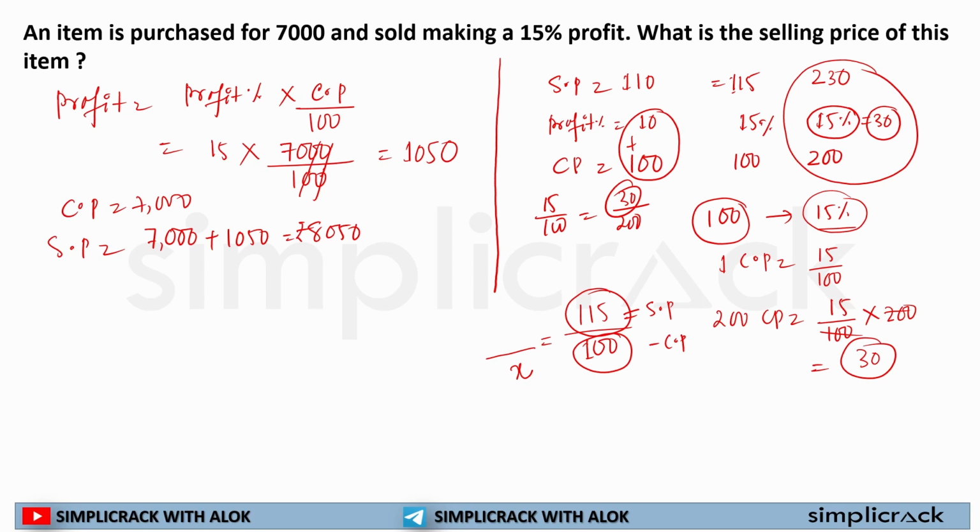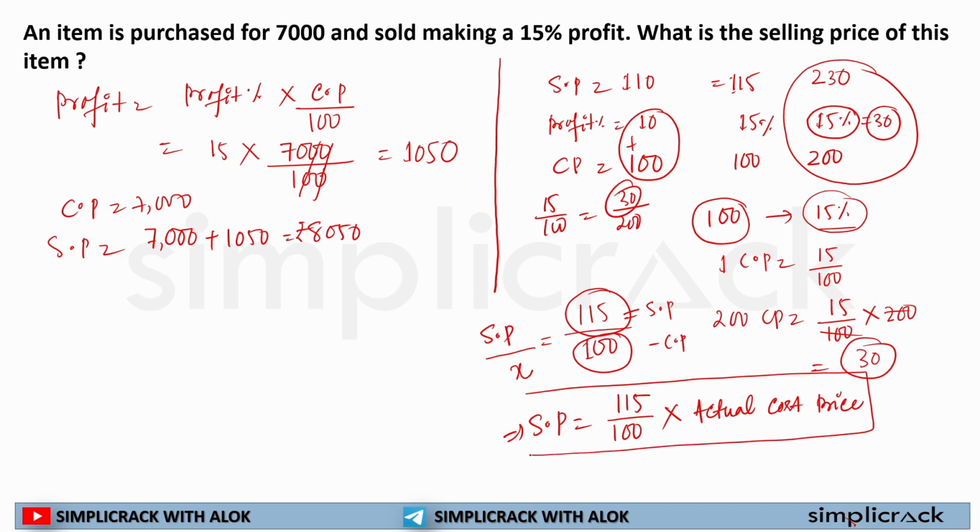You will solve it like this. Sales price is equal to 115 divided by 100 multiplied by actual cost price.